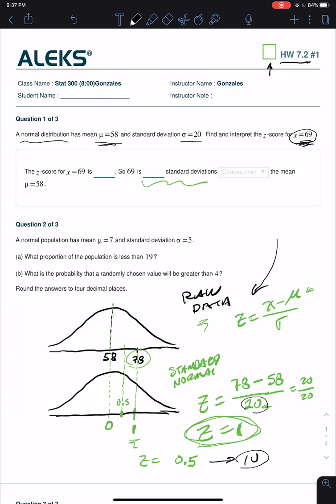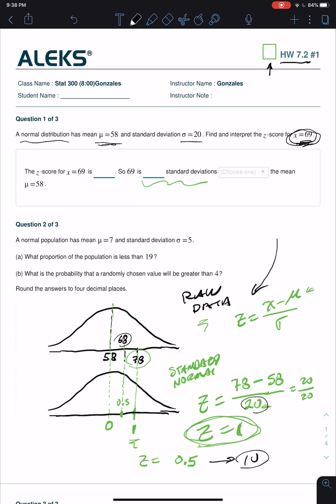So a z-score of 0.5 is going to line up with 68. Now you see the problem we're going to do is asking us to convert a raw score of 69. Well, we found out that 68 is exactly a half standard deviation. So when we actually get to number one, it's going to be a little more than 0.5.